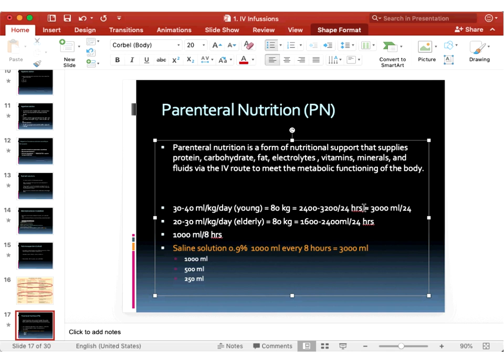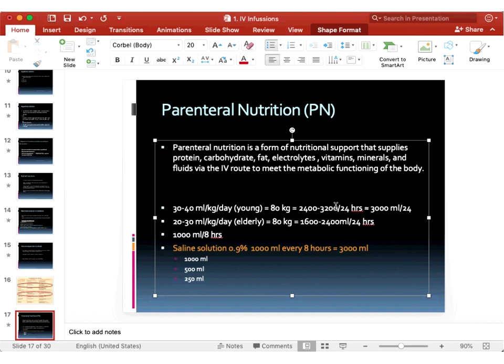Now, the solutions come in bags of 250 milliliters, 500 milliliters or 1,000 milliliters. So we do not have bags of 3,000 milliliters.